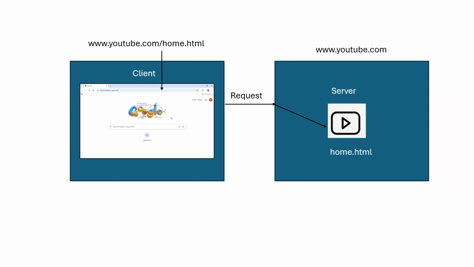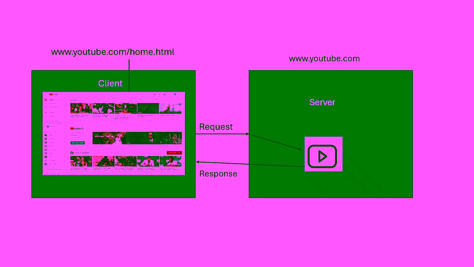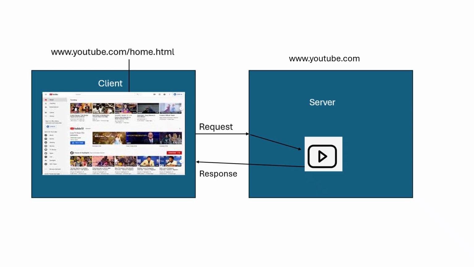If the server has this page, it will send the response to the client. Once the client receives the response, it will render the requested page on the screen. This is what we call client server communication, where we send the request to the server and receive the response.